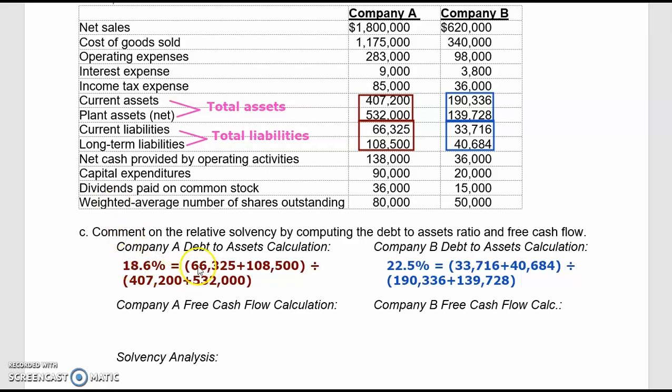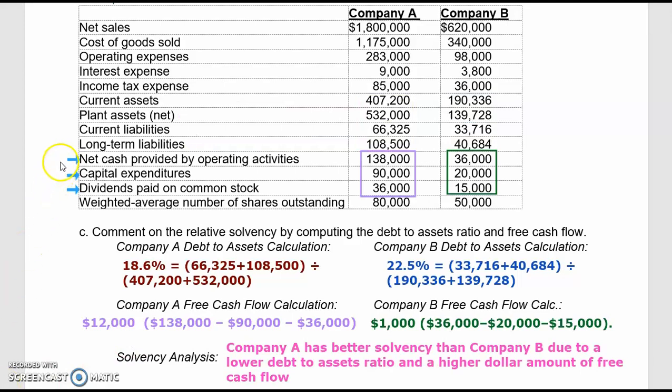So when you do the calculation, you're going to take your total liabilities and divide it by the total assets. And one of the key things that you want to notice with the debt to assets calculation is that it is better for a company to have less debt compared to their assets. So in this particular ratio, a lower number is better. And with this calculation, company A has better solvency than company B.